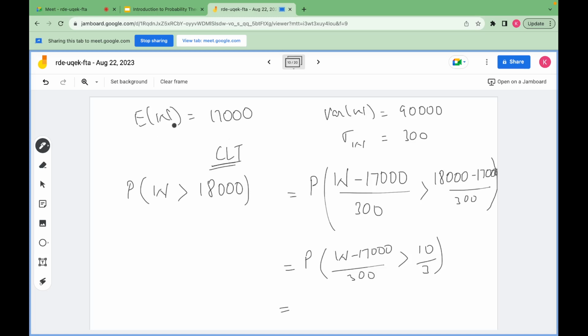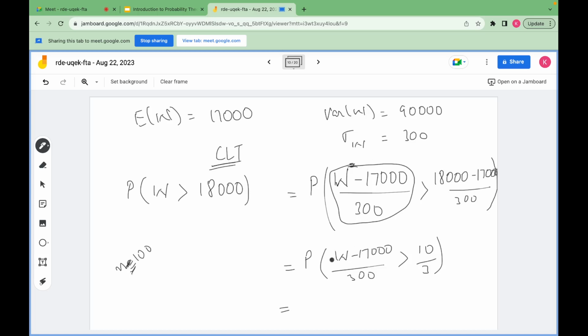So from the central limit theorem, we know that this is a standard normal distribution. Not this W, but this thing. For a large value of n, here n is 100, so this is a large number, this is a standard normal distribution.